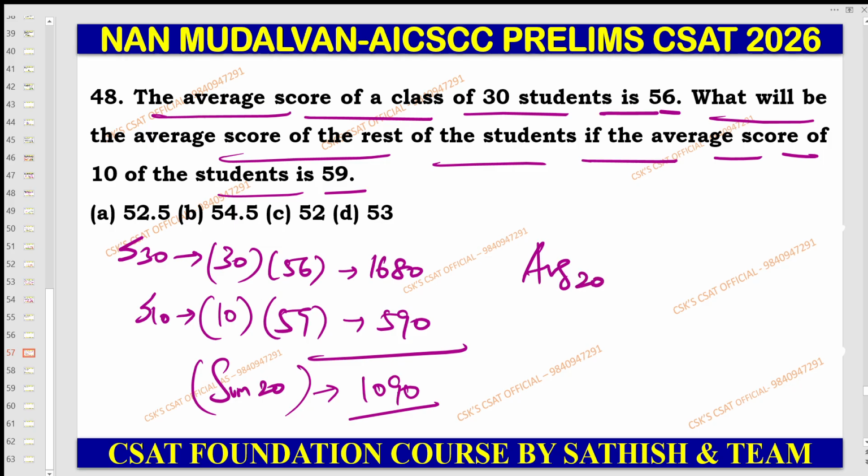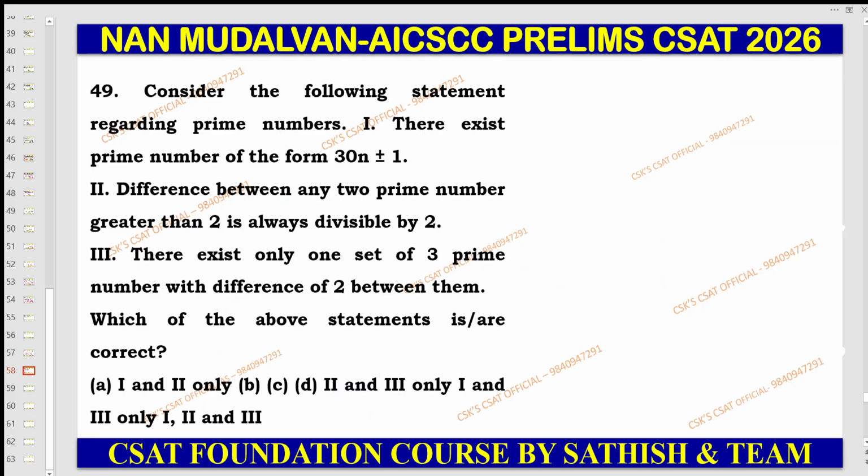So the average of the rest is the sum of the 20 by n, nothing but 20. You can cancel this one. 54.5. Understood? 30, 10 provided. You have to find out the remaining. So remaining 20 you have to find out. Guys, getting the logic? Simple question. Shall I move on to the next? Okay.